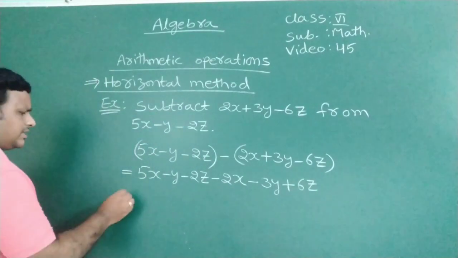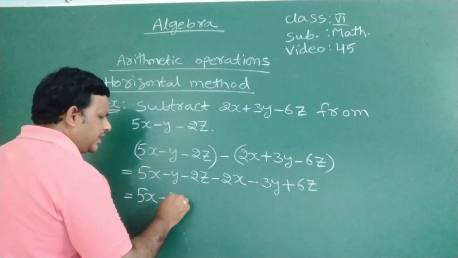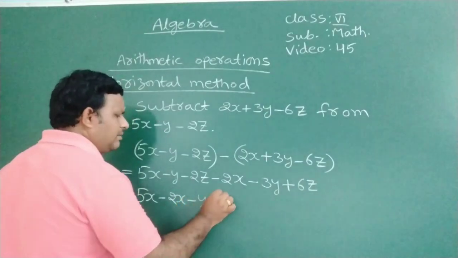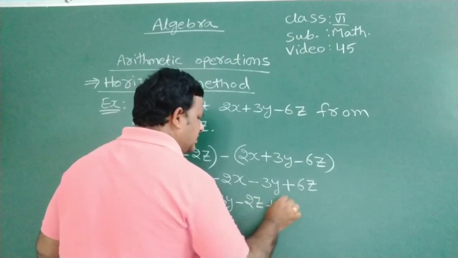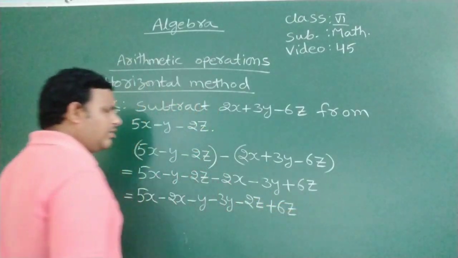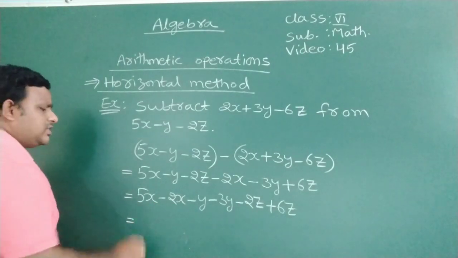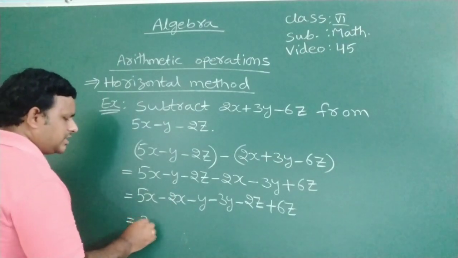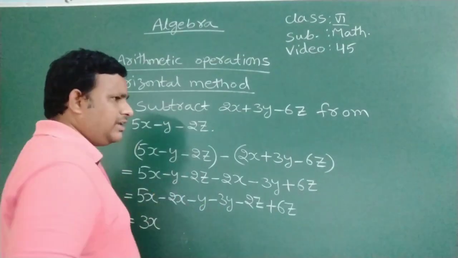Okay. Now let us write the like terms together: 5x minus 2x minus y minus 3y minus 2z plus 6z. Now let us simplify. 5x minus 2x means 5 minus 2, that is 3, so 3x will come. Minus y minus 3y.